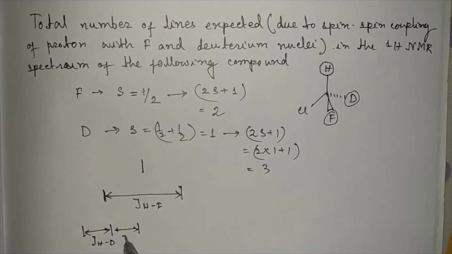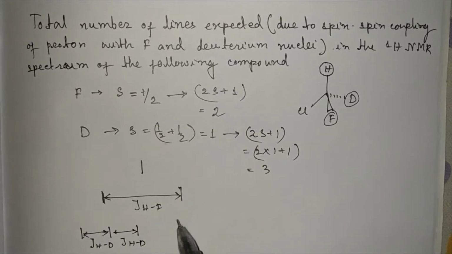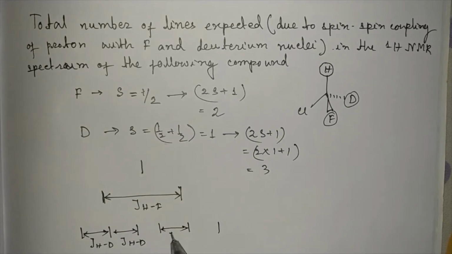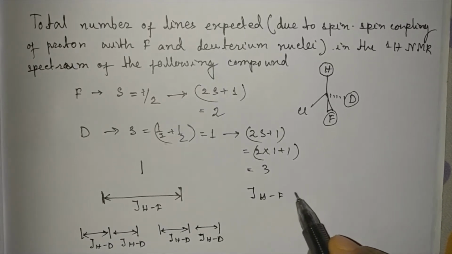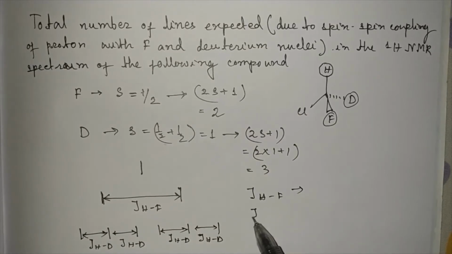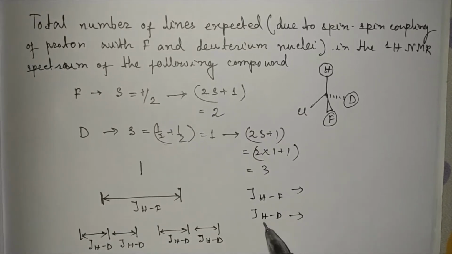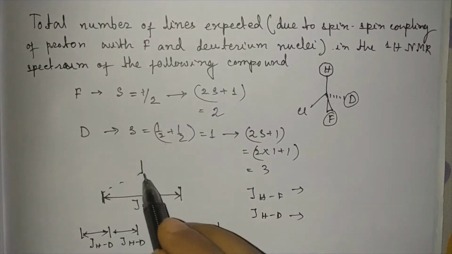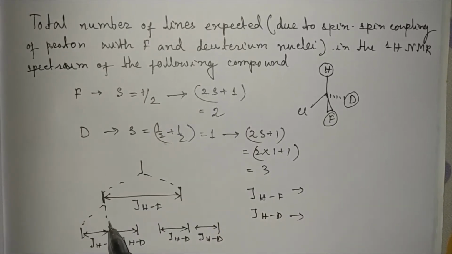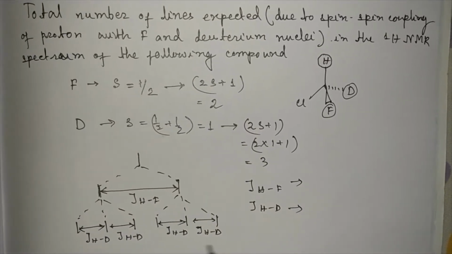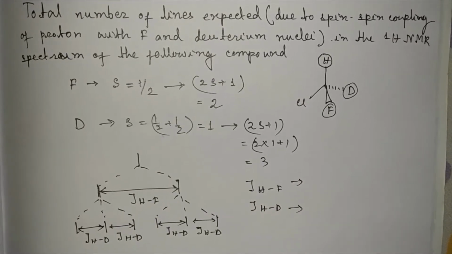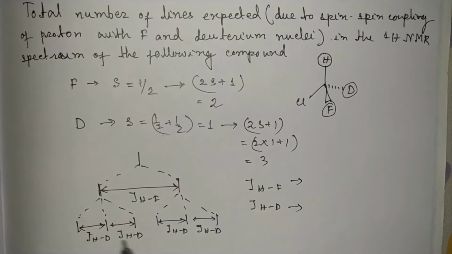This is also JHD, and this line will also be split into a triplet, and this is the value of JHD. JHF is the coupling constant between hydrogen and fluorine, whereas JHD is the coupling constant between hydrogen and deuterium. So it will be split into a doublet, and then into a triplet. Ultimately it is a triplet of doublets, so the total number of lines will be 6.